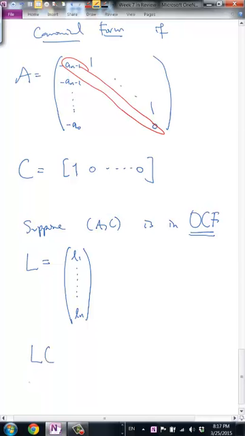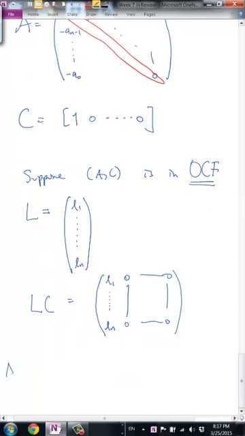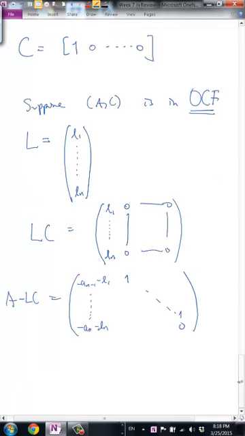LC, if C is a part of a pair that's in observer canonical form, is going to be the n by n matrix with L_1 to L_n in the first column and zeros everywhere else. And therefore, A minus LC is going to look like minus a_{n-1} minus L_1, all the way down to minus a_0 minus L_n, with ones just above the diagonal.